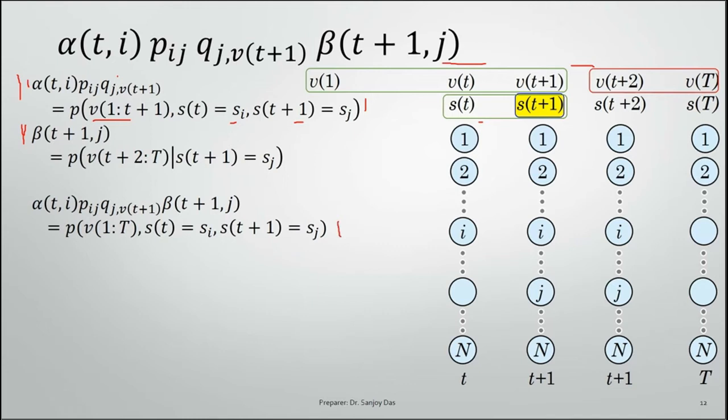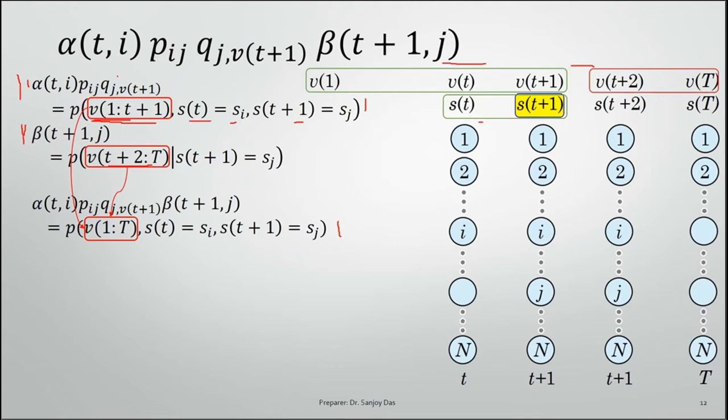Let's see how. I have, as part of my joint probability, the output sequence 1 through T+1 and then T+2 to uppercase T. So I combine, that gives me V1 through T, that's the entire output sequence.